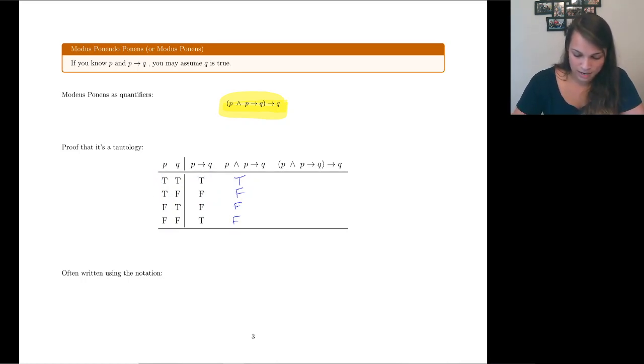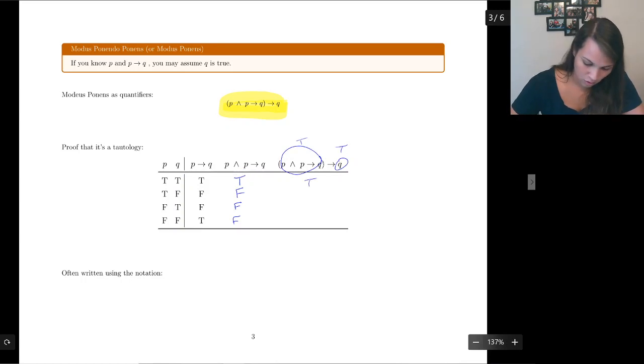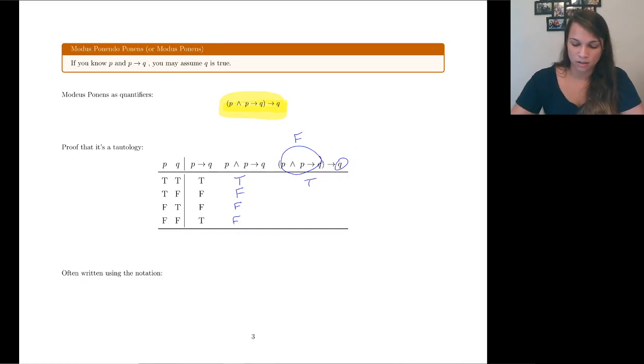So now we're going to do the final column. For the very first one, this is true and this is true, right there and right there. So that means overall it is true. But then remember, if the beginning part is false, the overall statement becomes true.